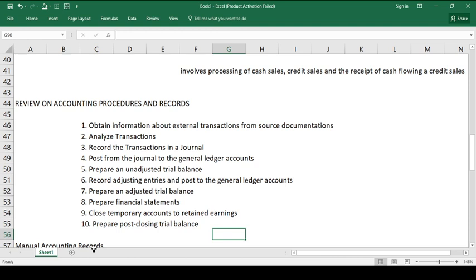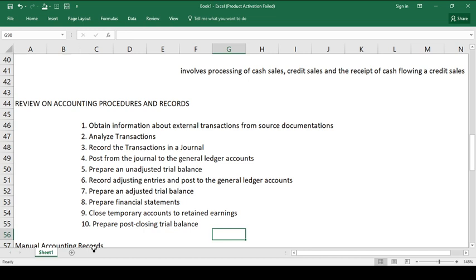And after that, the last thing that we do is to prepare the post-closing trial balance to check the equality of the debit and the credit at the end of the accounting period. So, those are the steps. Now, hopefully you can recall the accounting procedures and the accounting cycle.